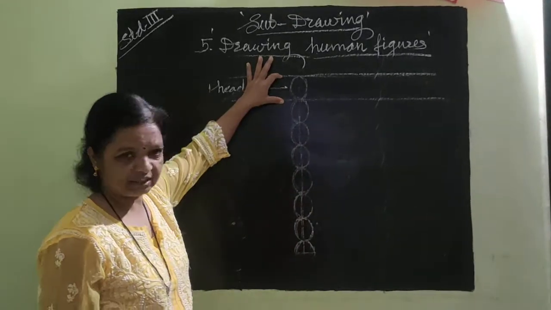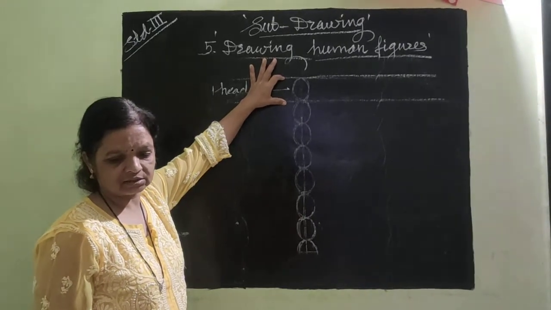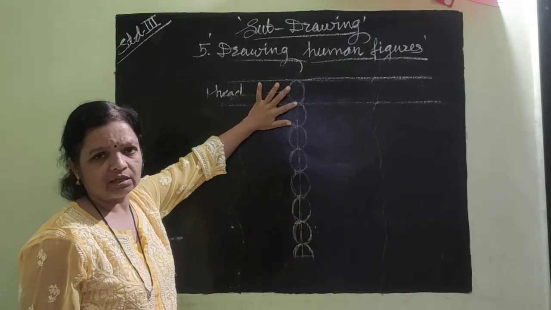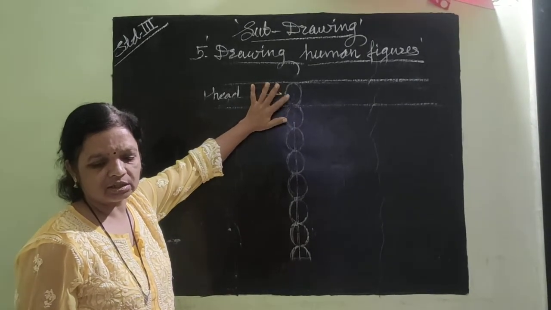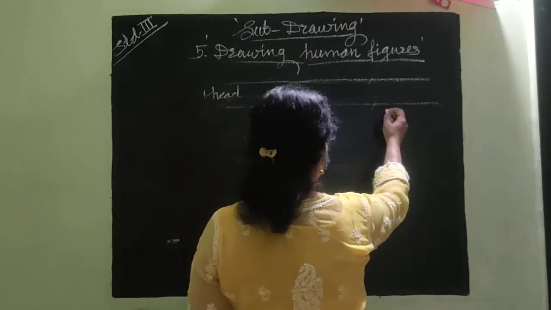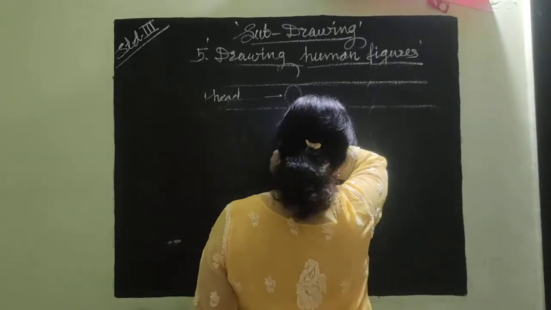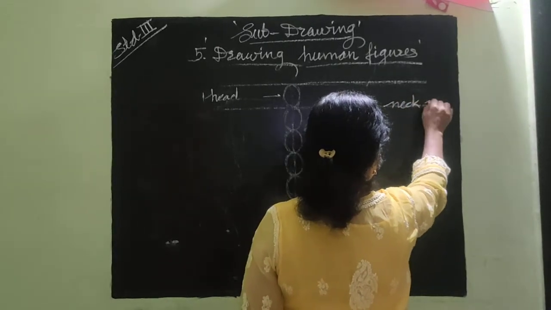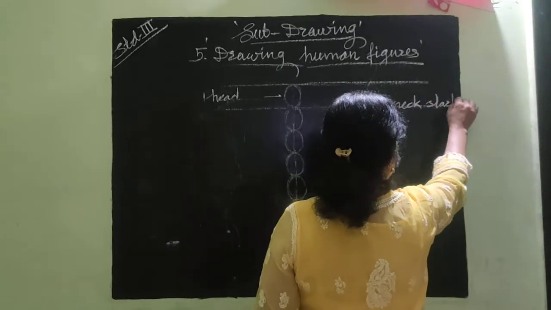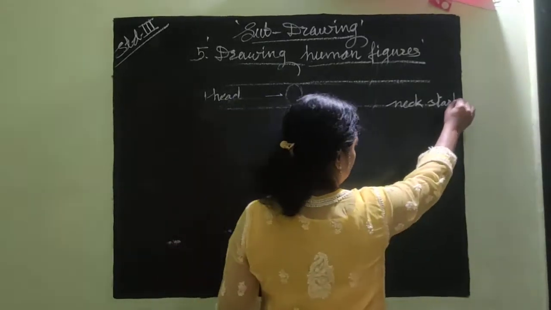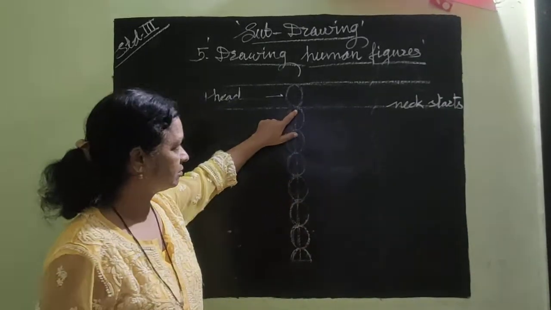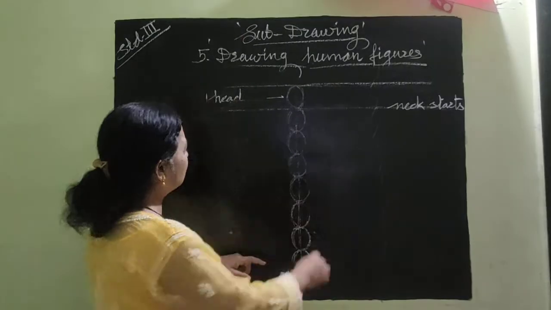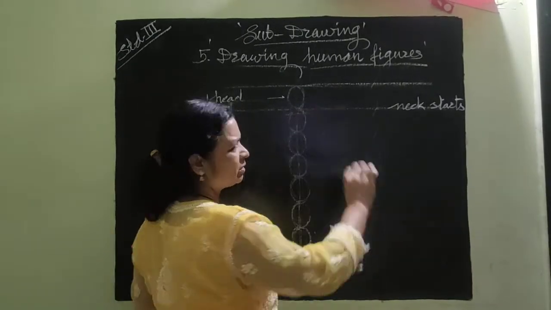Okay, this one is our face, and this line here shows us the neck starting. Neck starts from this line. Some extended part, this much only. So consider this much only as neck.